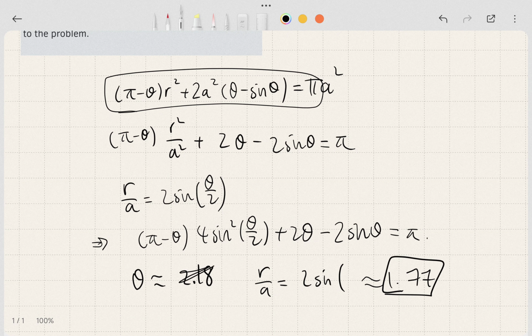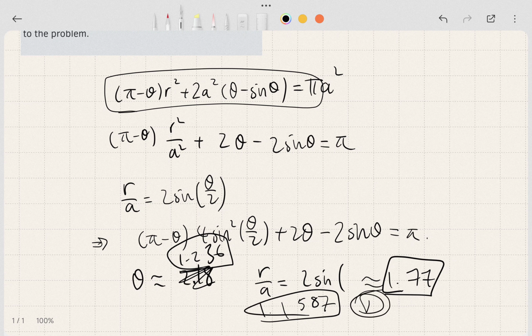It's not equal to 2.18, but rather it's 1.236. And if we plug that value again into our calculators, we get r over a is about 1.15887, which corresponds to D. And I think that's the correct answer.